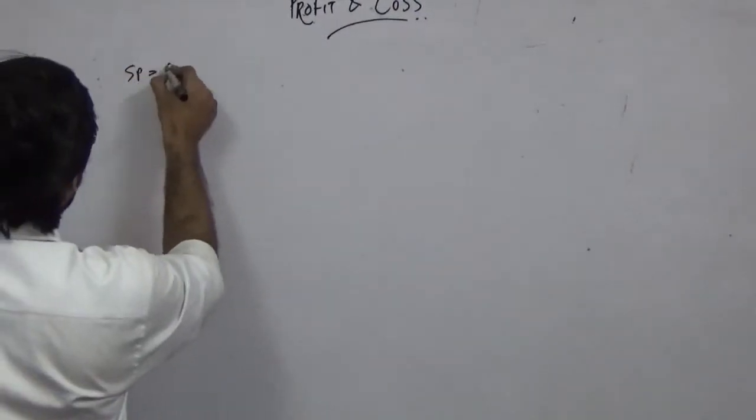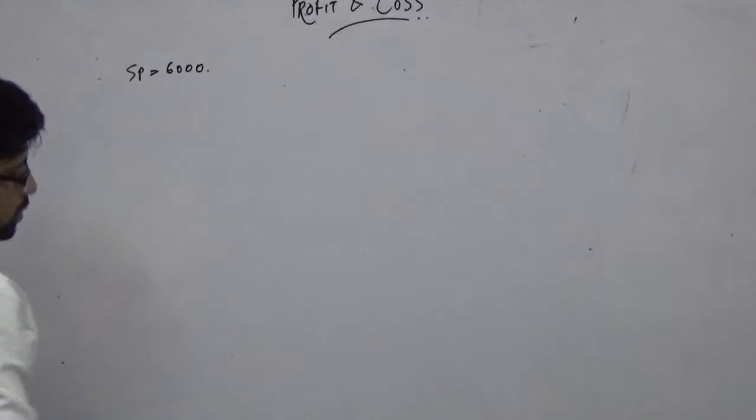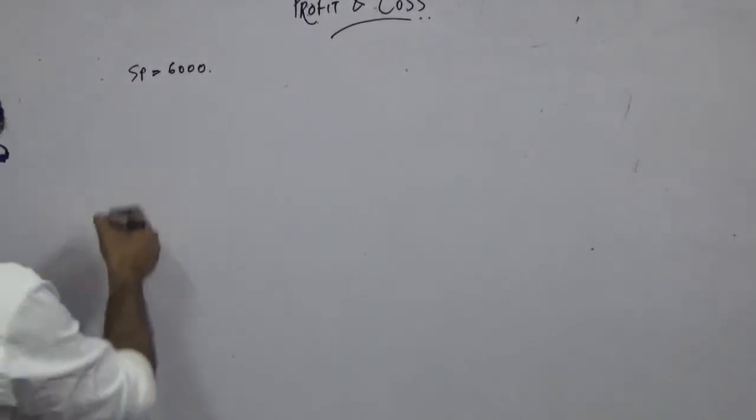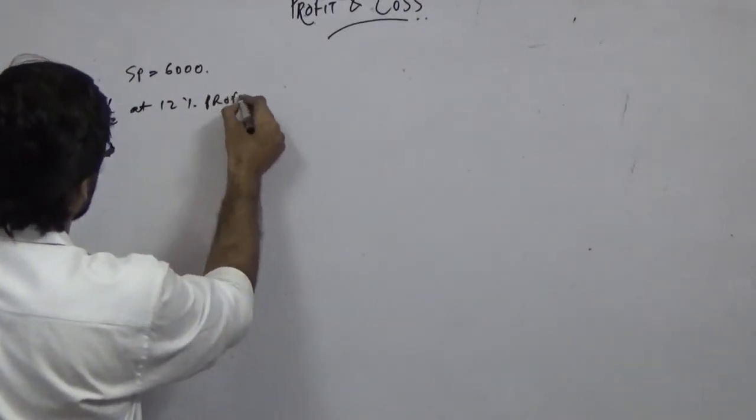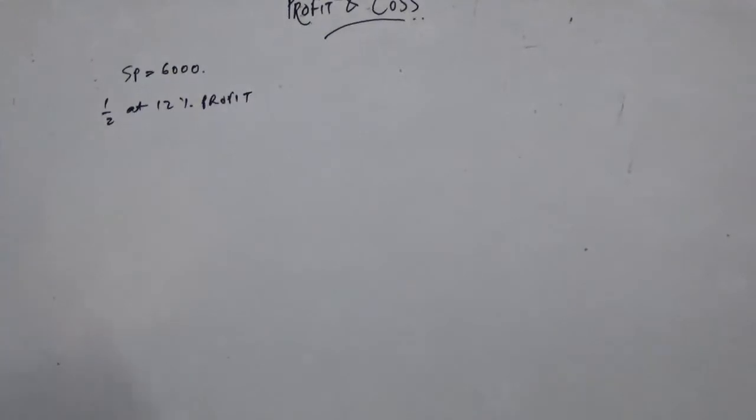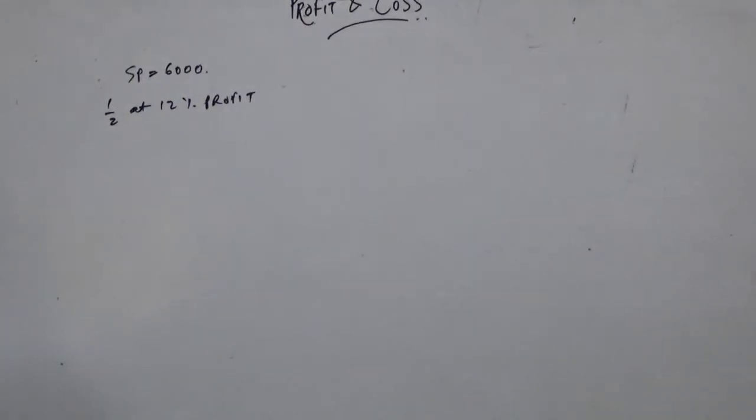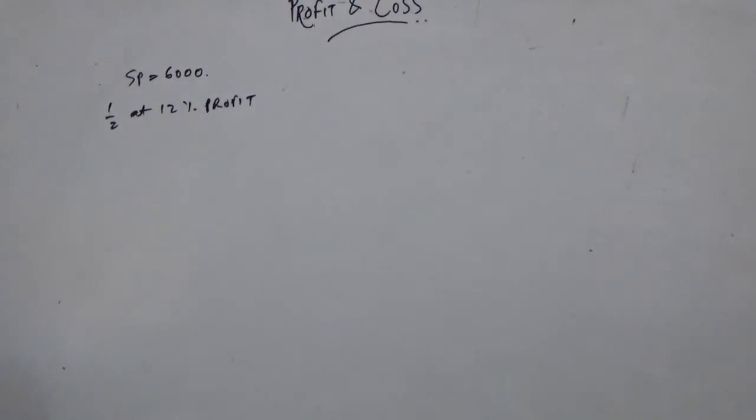And this analysis says the merchant bought some goods at 6,000 and sold half of them at 12% profit. At what profit percentage shall he sell the remaining goods to make an overall profit of 18%?